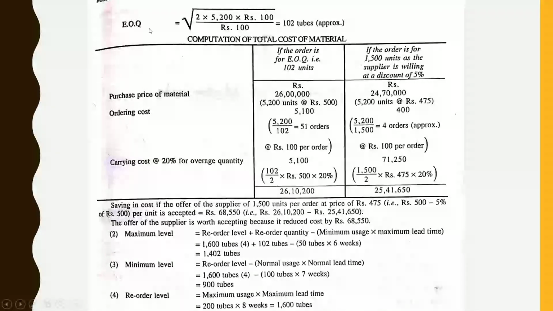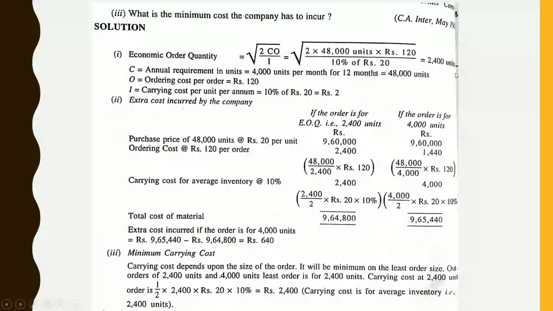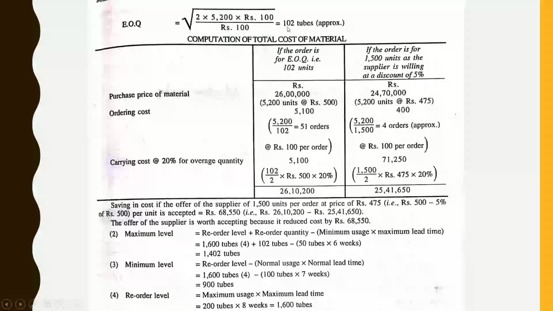EOQ is also in units. So here the unit is tubes. In the earlier question these were units, so that's why we wrote units. But here we are writing tubes, because here the unit is tube. So the economic order quantity is 102 tubes.